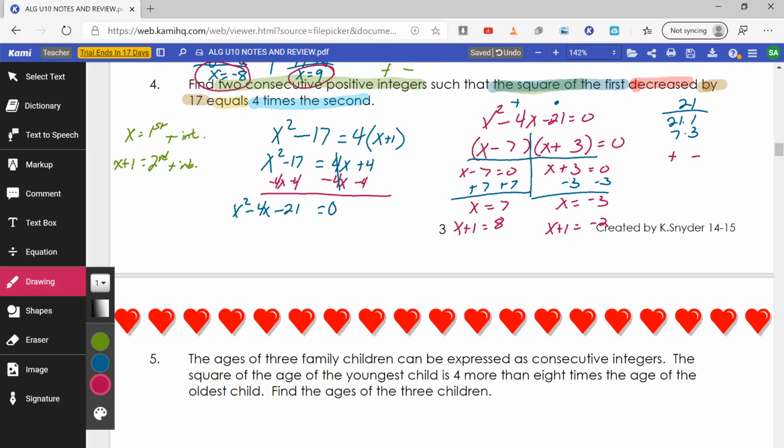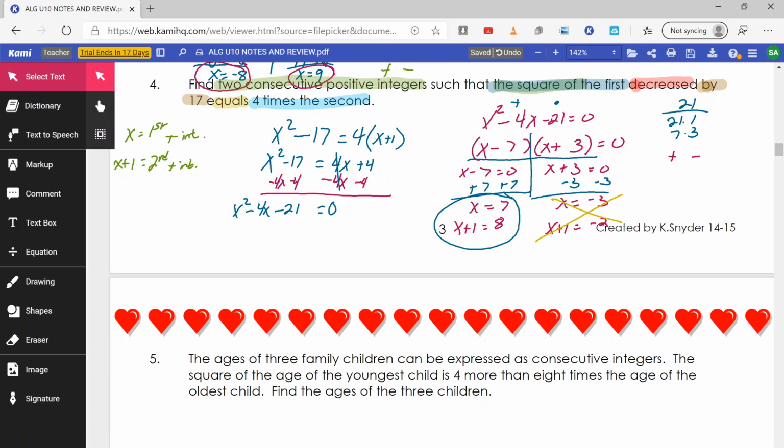So if I take a look at this, I only have one set of positive numbers, which is going to be 7 and 8. That's the only one that will satisfy it, because negative 3 and negative 2 are not positive, they're negative. So these will not work. So I can actually just cross them off because they're not going to work. So 7 and 8 are the two numbers that will be my answer in this case because of the stipulation up here that I had 2 consecutive positive integers.